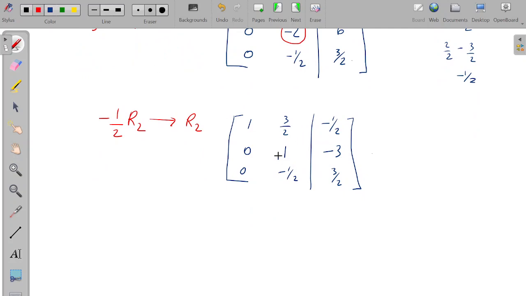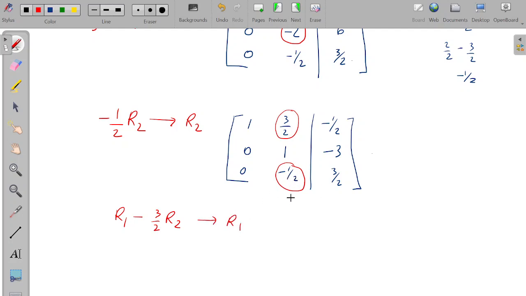The next to do is to make this a leading 1. This must be 0. This also must be 0. Let's see the formula that we need. In order to make this one 0, we are changing row 1, so it will be row 1 minus 3 over 2 row 2, and then I'm giving it to row 1.